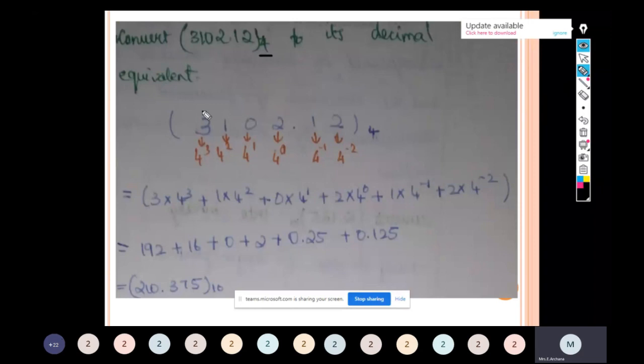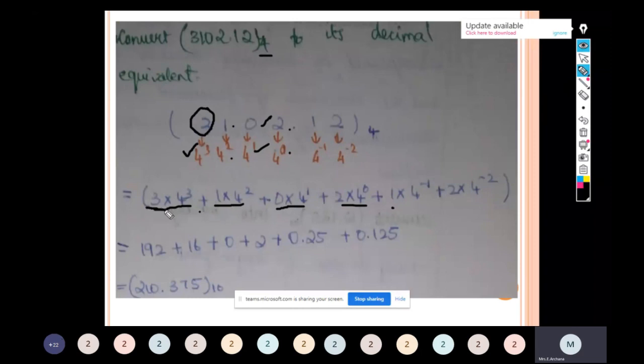So what is our step? Each given digit is multiplied with its weightage. So 3 into 4 power 3, plus 1 into 4 power 2, plus 0 into 4 power 1, plus 2 into 4 power 0, plus 1 into 4 power minus 1, plus 2 into 4 power minus 2.